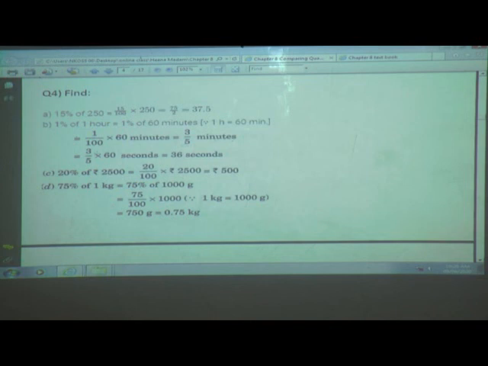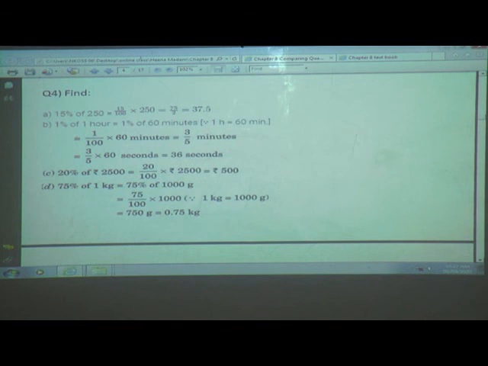If it is asked in seconds, we can find that too. So 3 upon 5 multiplied by 60, because 1 minute is equal to 60 seconds. Again it is possible to reduce, so it will be 36 seconds. So 1% of 1 hour is 3 upon 5 minutes, that is 36 seconds.